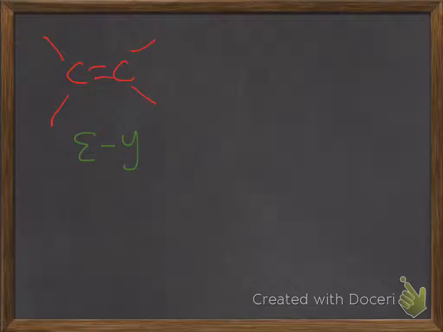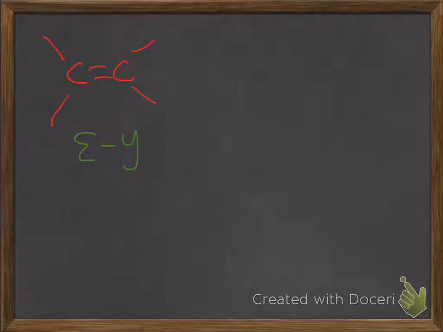Then we have whatever will be the electrophile that's being added to it, and I've just drawn a generic EY compound here. If you think back to last semester, is the E more or less electronegative than whatever it's attached to?